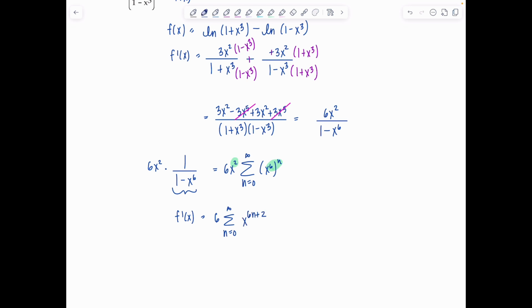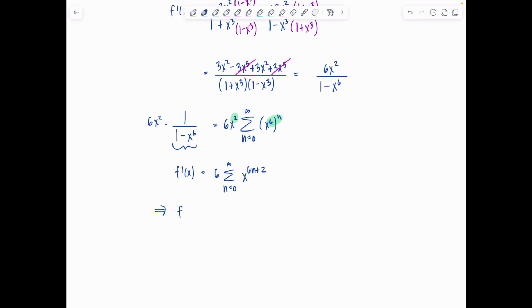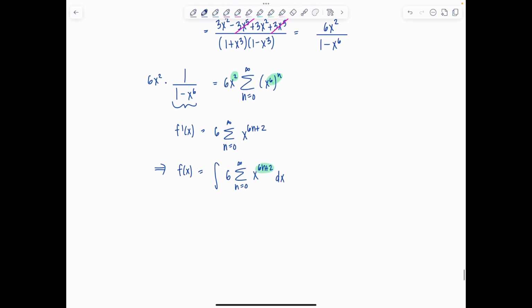Okay, good. But I want the power series representation for the original function, f of x. So we have to take the antiderivative of our power series that we have right now, dx. So you add 1 to the exponent, divide by the new exponent, and don't touch anything else. Just rewrite it calmly. So 6 times x to the 6n plus 3 over 6n plus 3, plus c. Good?